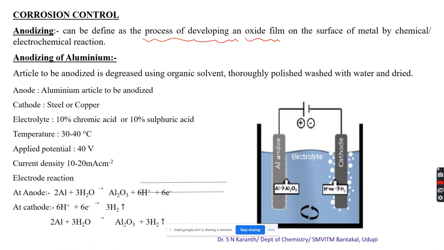Just by a dipping process it is possible, but in the case of aluminum, it is not possible. We usually adopt an electrochemical method. For any electrochemical process, which is a conversion of surface metal into a suitable compound, we need electrical energy.